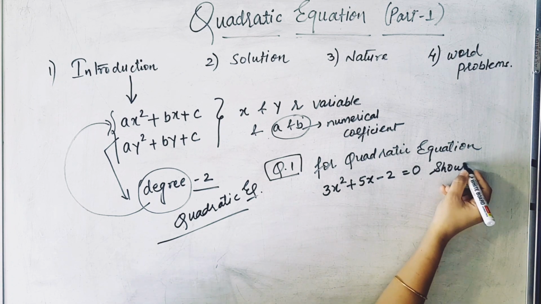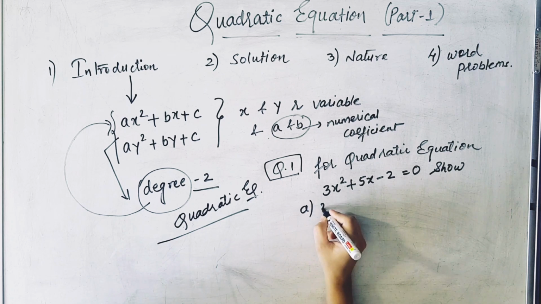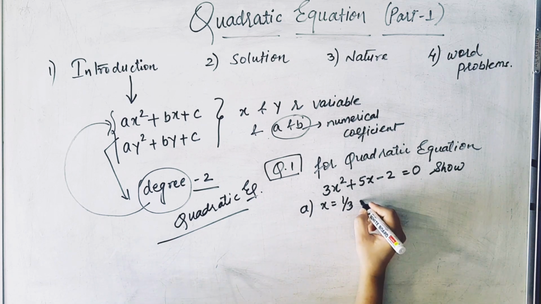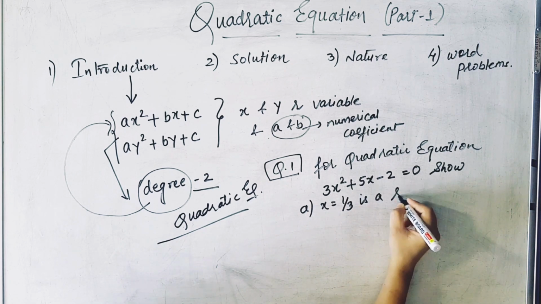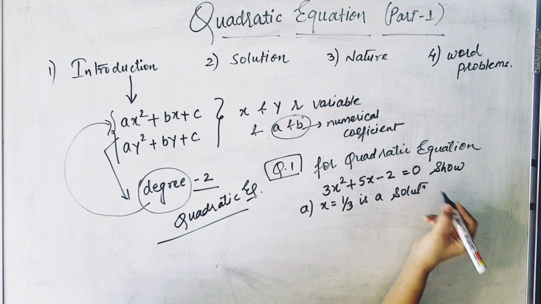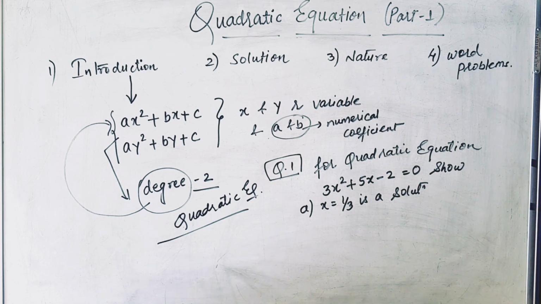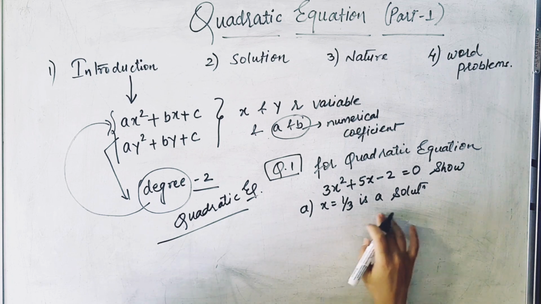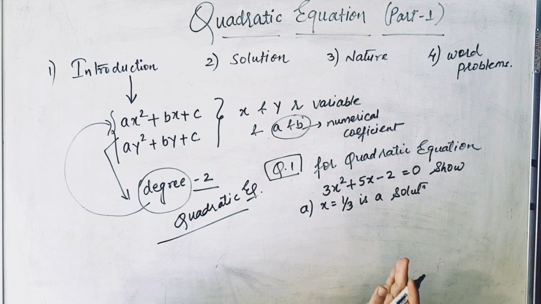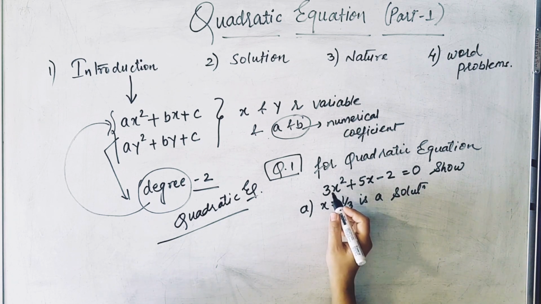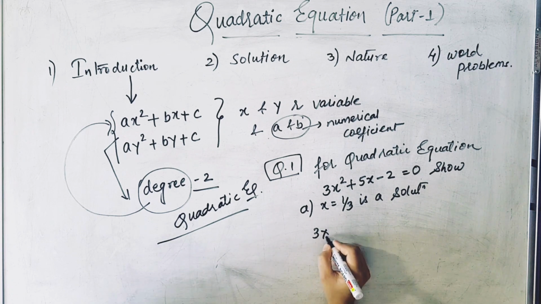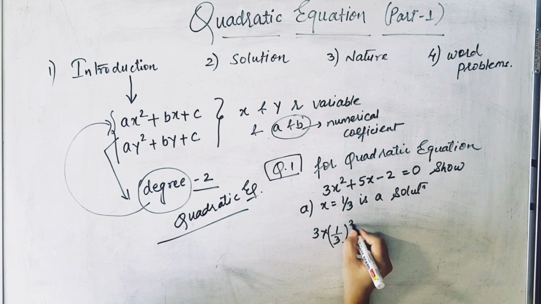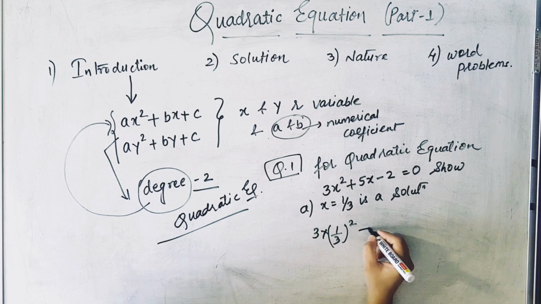Show x equals 1 by 3 is a solution. So when they say x equals 1 by 3 is a solution, that means we'll put the value of x over here as 1 by 3. So in place of x we put 1 by 3.